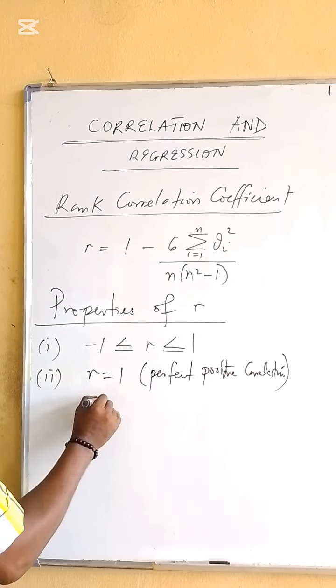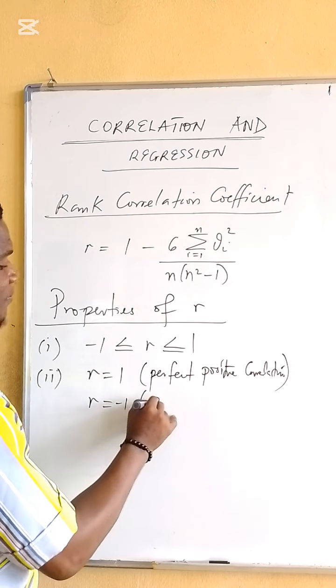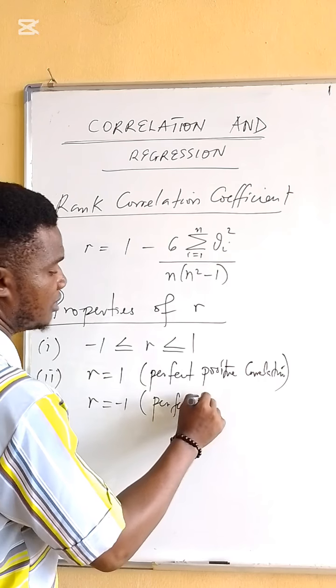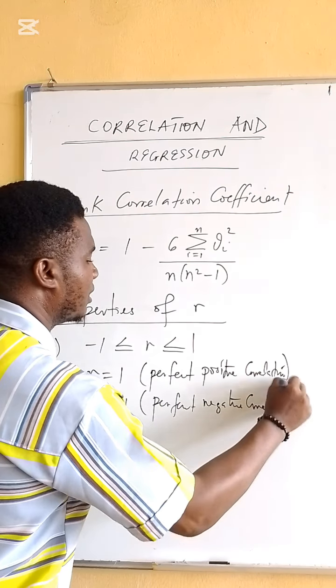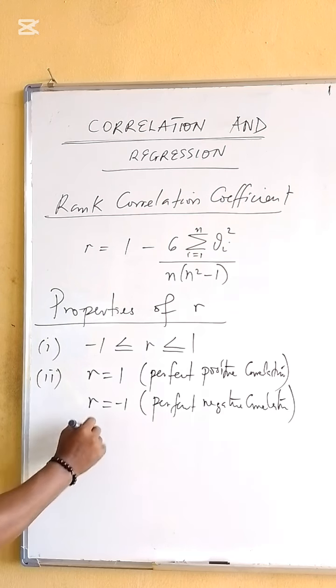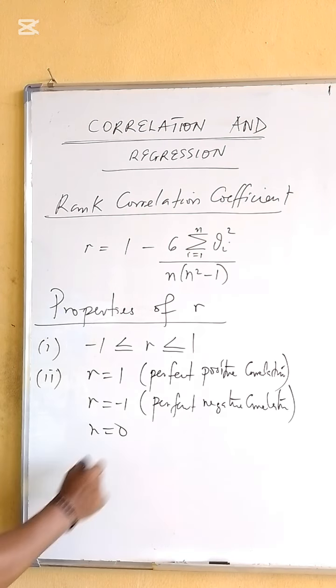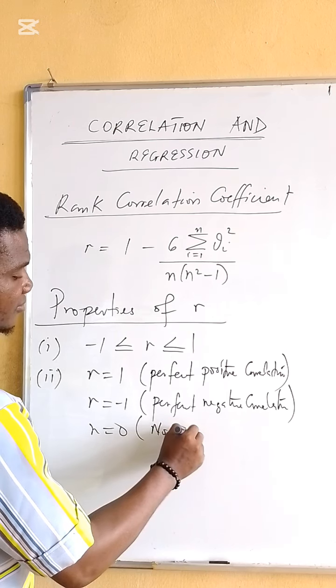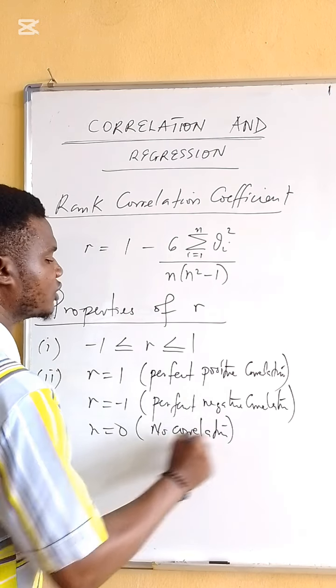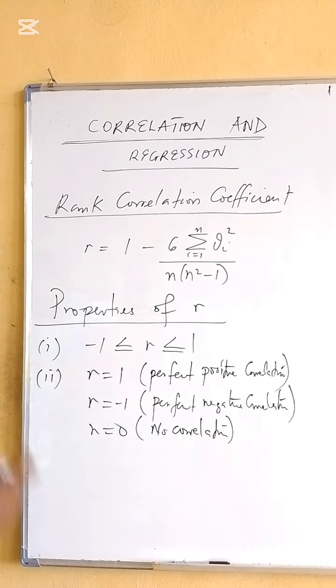If R, however, is equal to -1, we say it is perfect negative correlation. Okay? So these are extreme cases. If R equals 0, we say no correlation exists. Okay? No correlation exists between the two variables x and y.